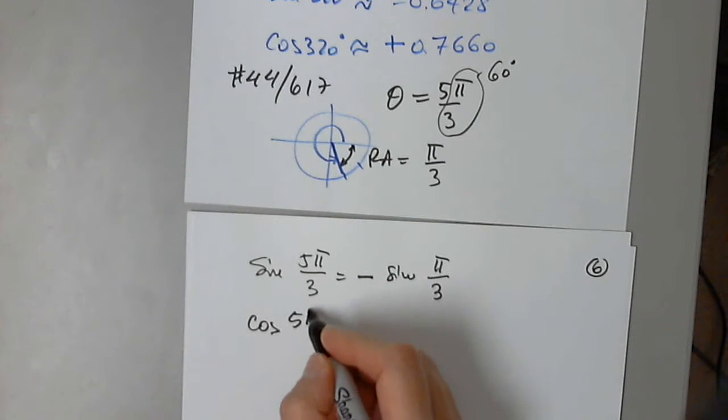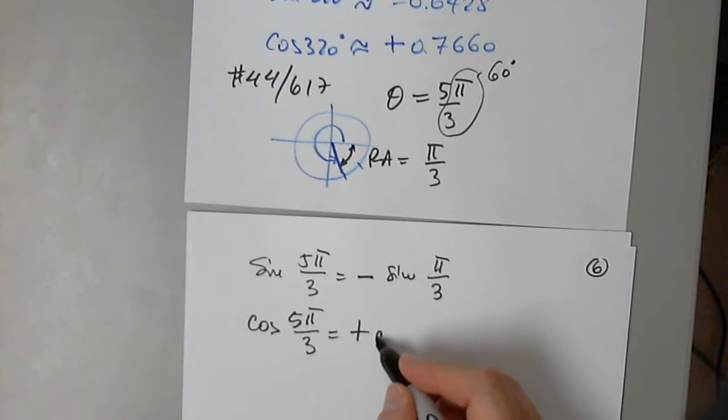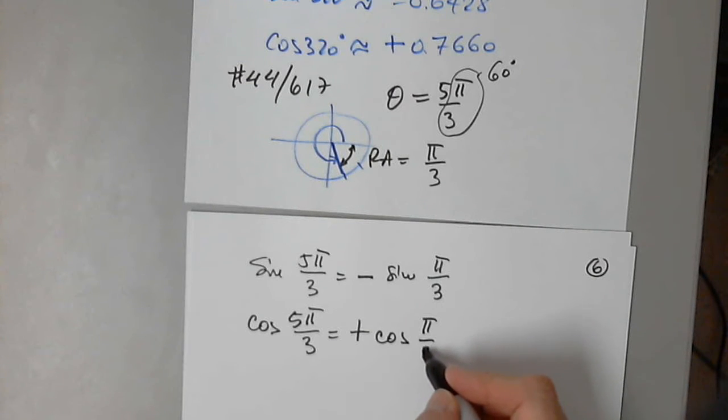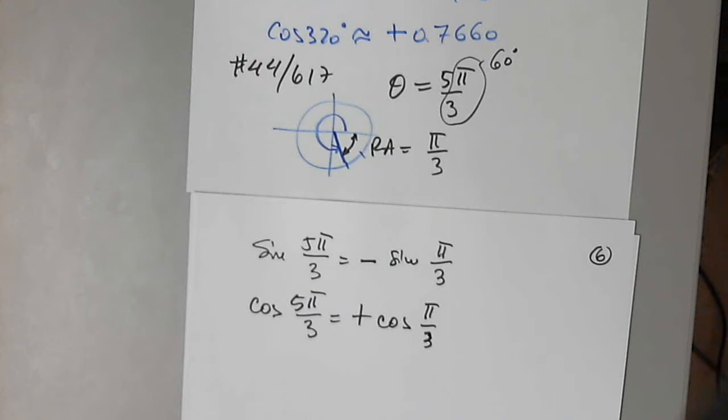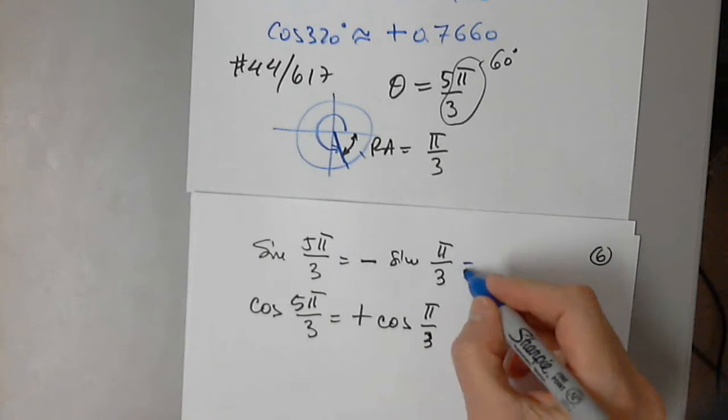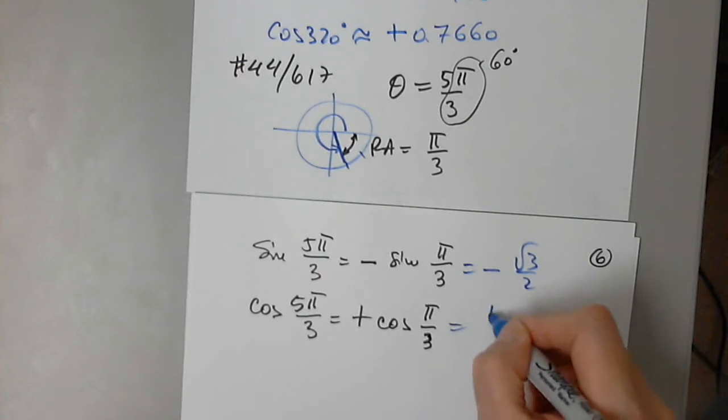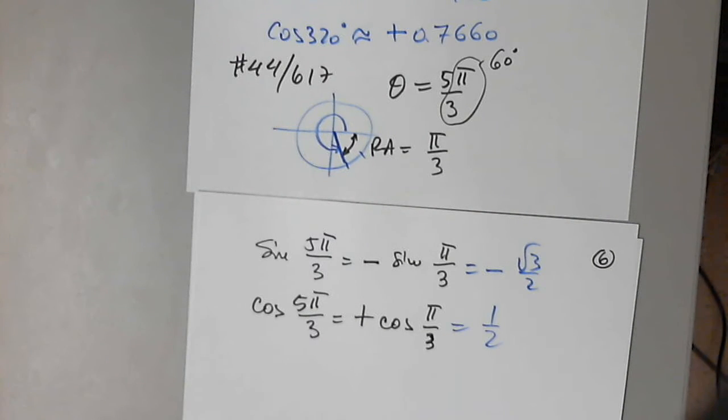So cosine 5 pi over 3 equals positive, you don't have to write the positive, I'm just making a point. And now I know that this is the third angle, the largest angle in the little table. So this must be the square root of 3 over 2, and this must be 1/2, the last one at the bottom. So, of course, with a minus in front: negative the square root of 3 over 2 and positive 1/2.